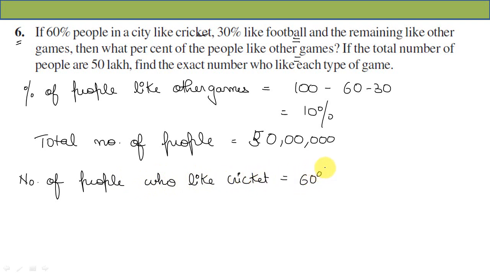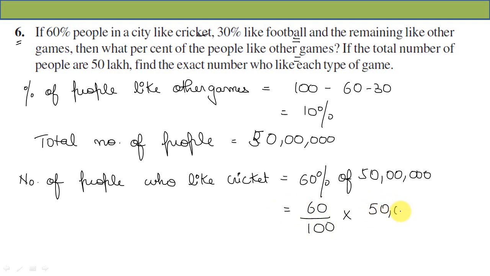Right? This can be written as 60 upon 100 into 50 lakh. 0, 0 cancel. 6 5s are 30. Along with how many 0? 1, 2, 3, 4, 5. So that means 30 lakh people like cricket game.